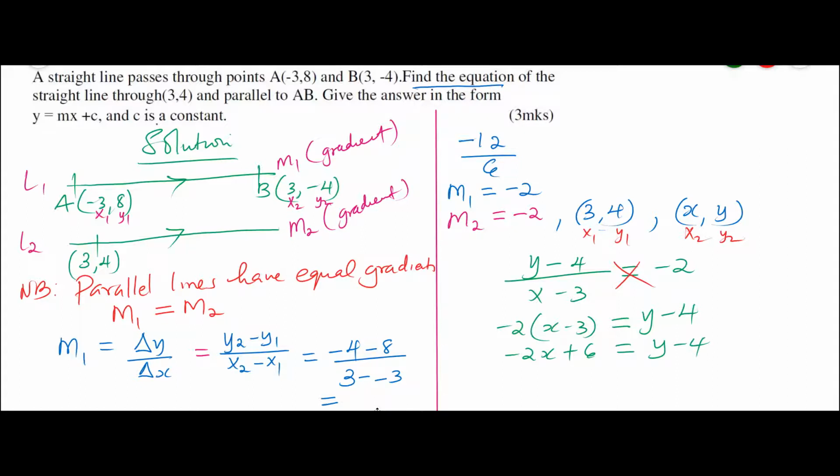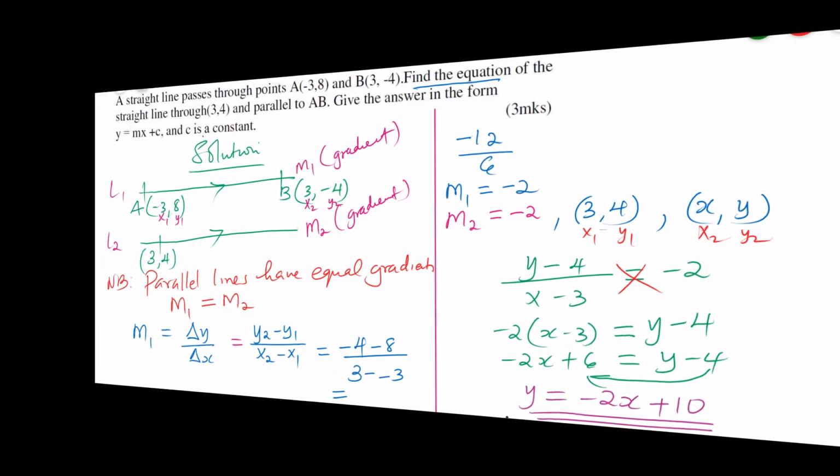We take this to this side so that we have y equals -2x plus 10. That is the required equation, and it is in the form y = mx + c. So that is how we are supposed to solve that question.